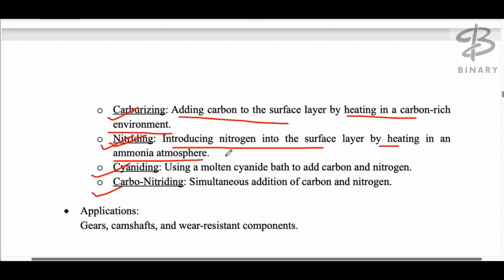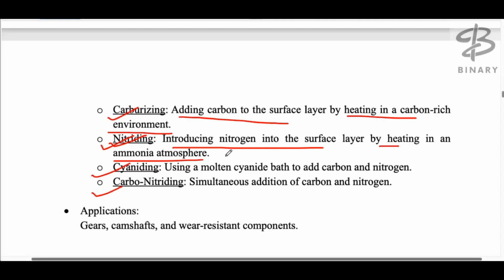What we did in carburizing, we do the same in nitriding, but the difference is the environment: earlier it was carbon-rich, now we have an ammonia-rich atmosphere, where we heat the material so that the surface attaches the molecules of ammonia, so that the nitrogen content will increase, and that's why the hardness will increase.